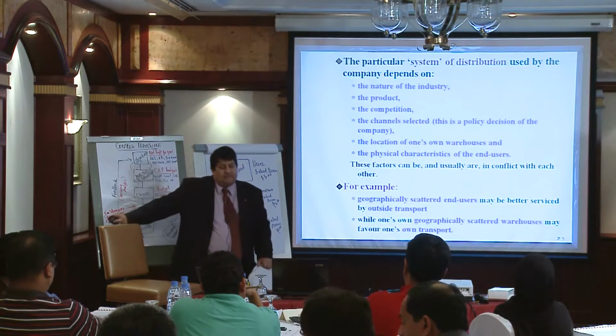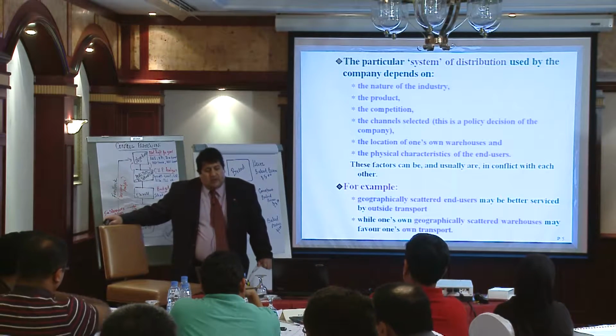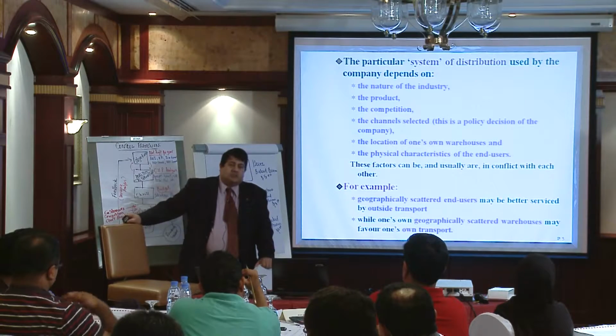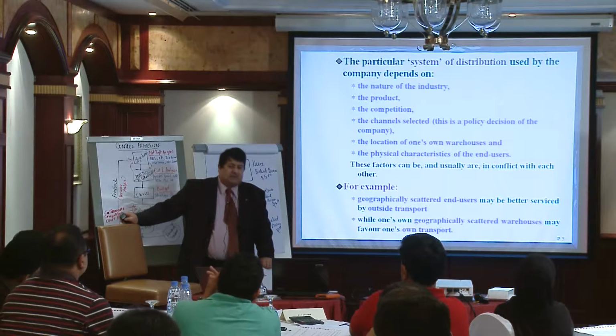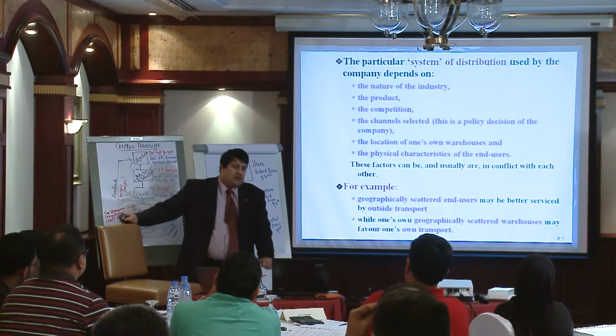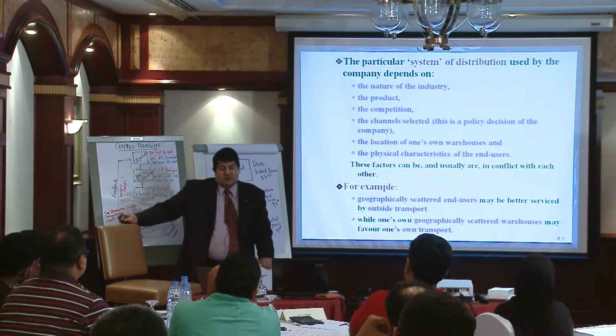Now, one of the products that has been subject to a system of distribution for at least the last 50 years is a company called Interflora. Anyone use Interflora? It's interesting that Interflora is still around.